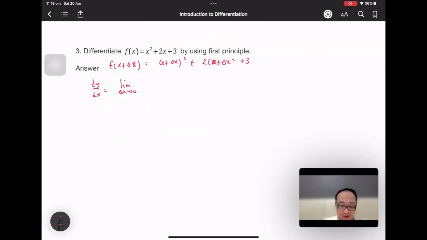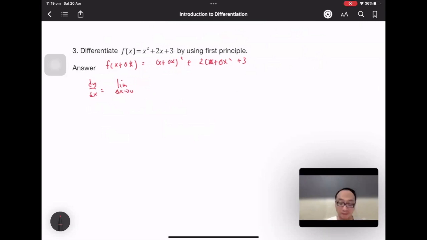So we have to expand the first equation to become x squared plus 2x delta x plus delta x squared, plus 2x plus 2 delta x and then plus 3, minus f(x).